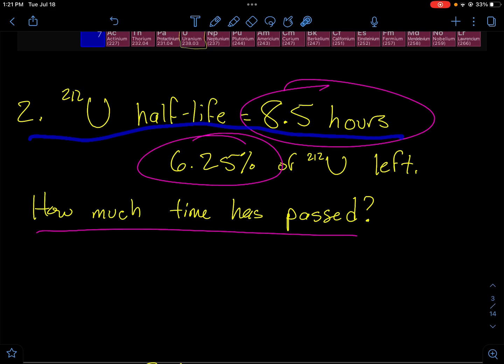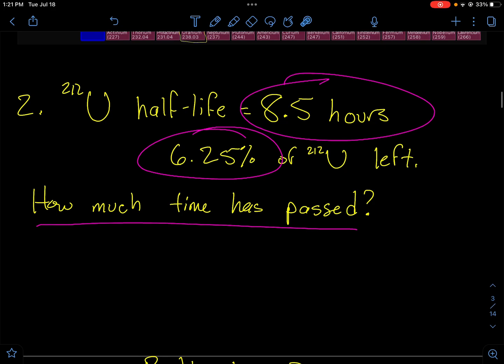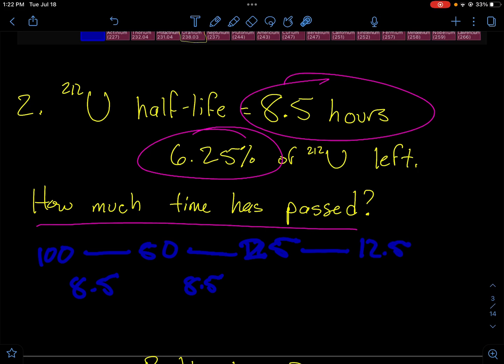So you will have a problem similar to this: uranium-212 has a half-life of 8.5 hours. You have 6.25% of uranium left. How much time has passed? We have to say, in order to go from 100% to 50%, that's one half-life, so that's 8.5 hours. Then 50 to 25%, that's another 8.5 hours, so that's 17 hours so far. Then 25 to 12.5%, which is another 8.5 hours.